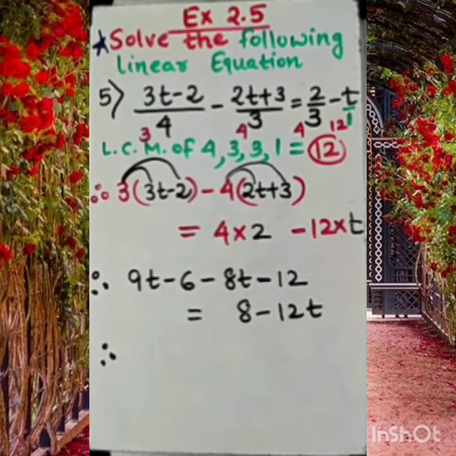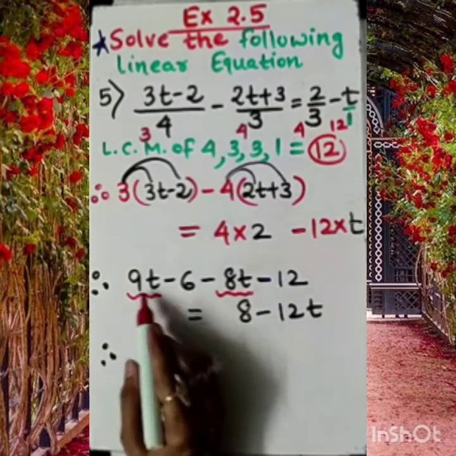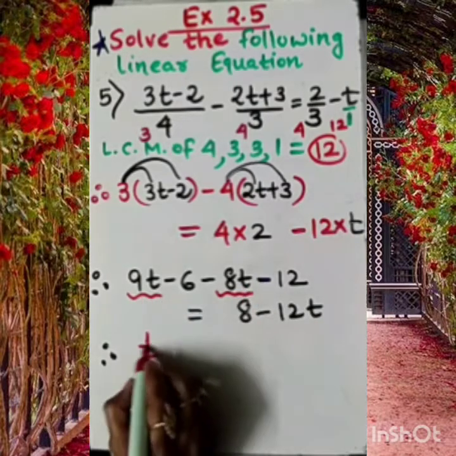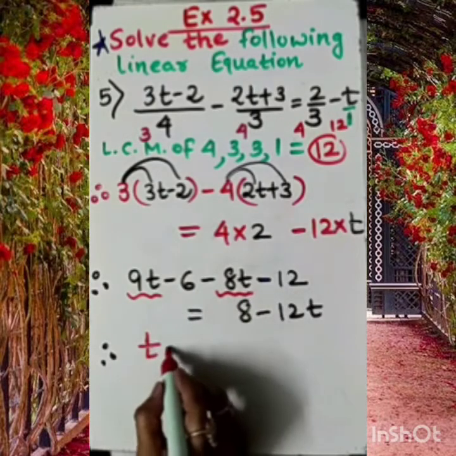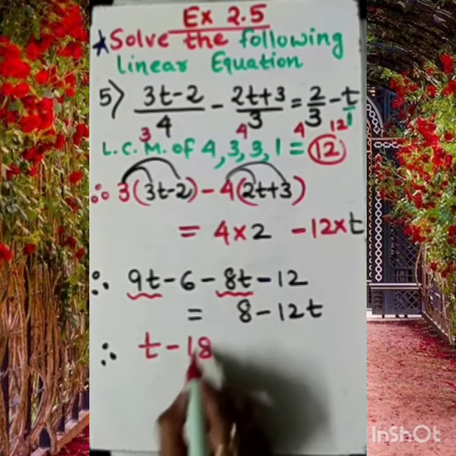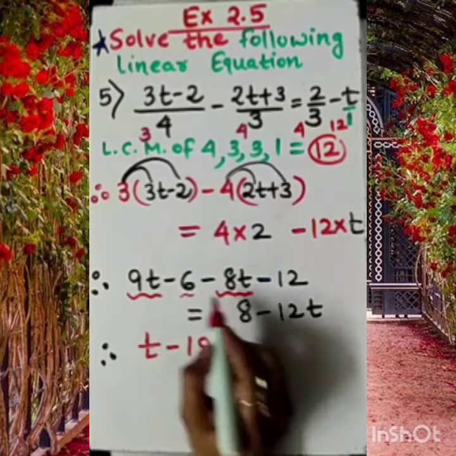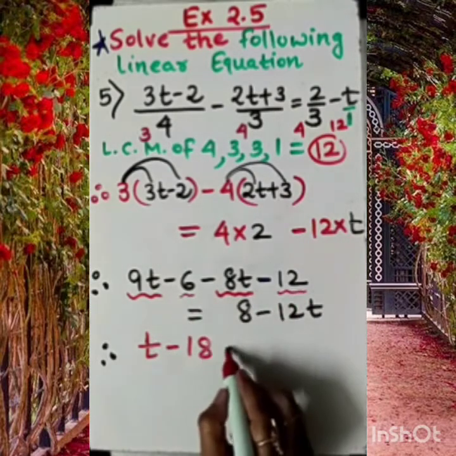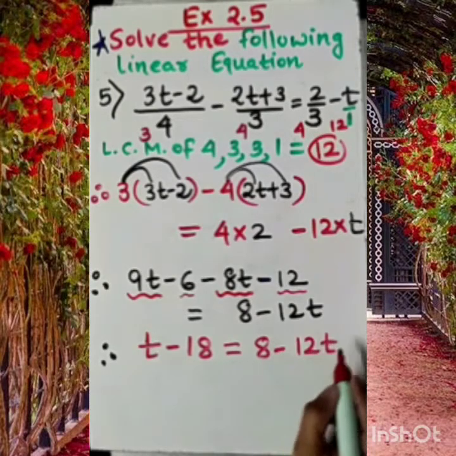Therefore, now which terms are like terms on the left side? You can see that is 9t minus 8t. 9t minus 8t is only t. What about this minus 6 minus 12? That is minus 18. Same sign, addition we know. Minus 6 minus 12 is minus 18. This side 8 minus 12t.